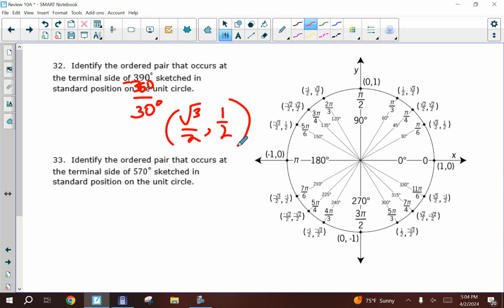Okay, next, identify the ordered pair that occurs at the terminal side of 570. So again, I got to subtract 360. So if I subtract 360, that's going to give me 210. So 210 is here, and they want the entire pair, so it's negative radical 3 over 2, comma, negative 1/2.